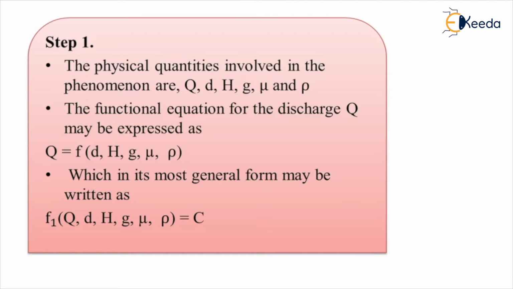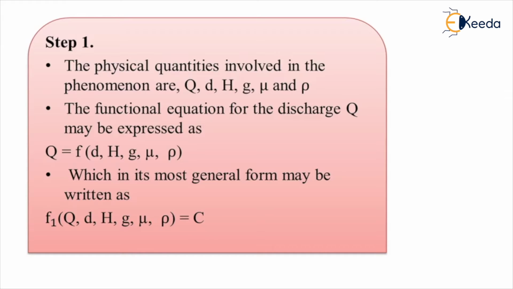The functional equation for the discharge Q may be expressed as Q is a function of small d, capital H, small g, mu, and rho, which in its most general form may be written as f1 is a function of Q, small d, capital H, small g, mu, and rho, which is equal to C, where C is the dimensionless constant.